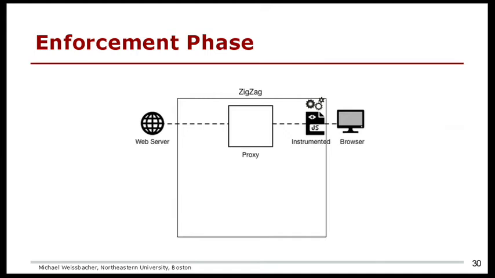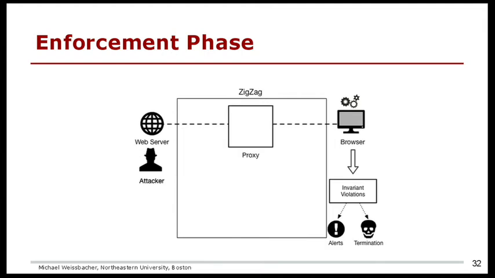So we send this to the browser, where it's being executed, and to the user it looks like a regular execution of this website. So we have this attacker trying to exploit the user, but it would violate one of the invariants, and we would either alert the user or terminate the execution of the program.